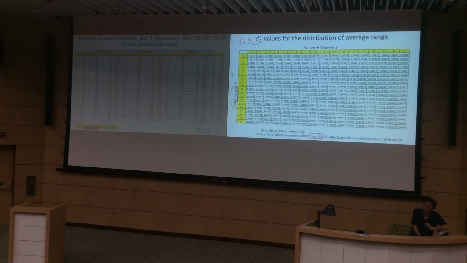M means the sample size, subgroup size, so it's our normal n. And then if you have the number of subgroups, g, that means the number of samples. So in this case, he calculated the theoretical value. If you have this distortion, if it's only one group or two groups, and with these different numbers, you can get different estimations of d2.